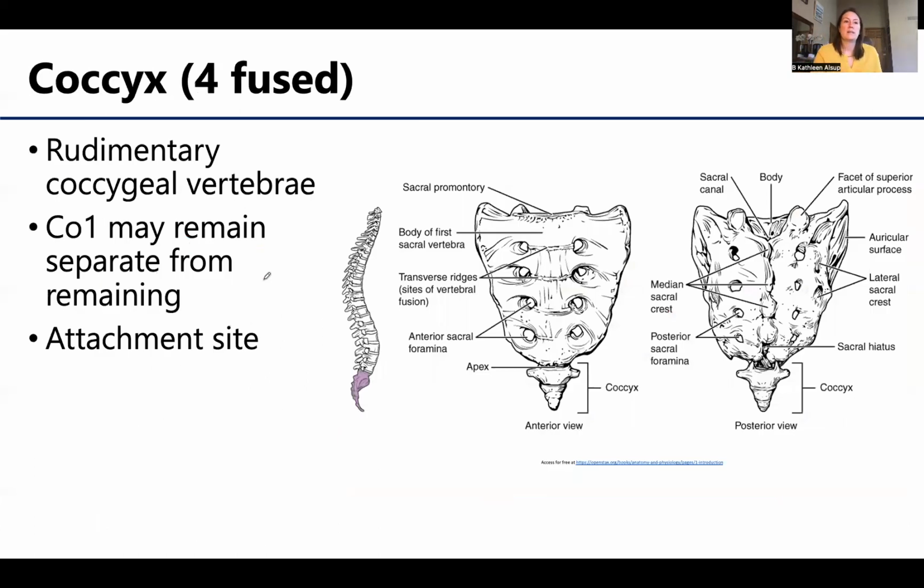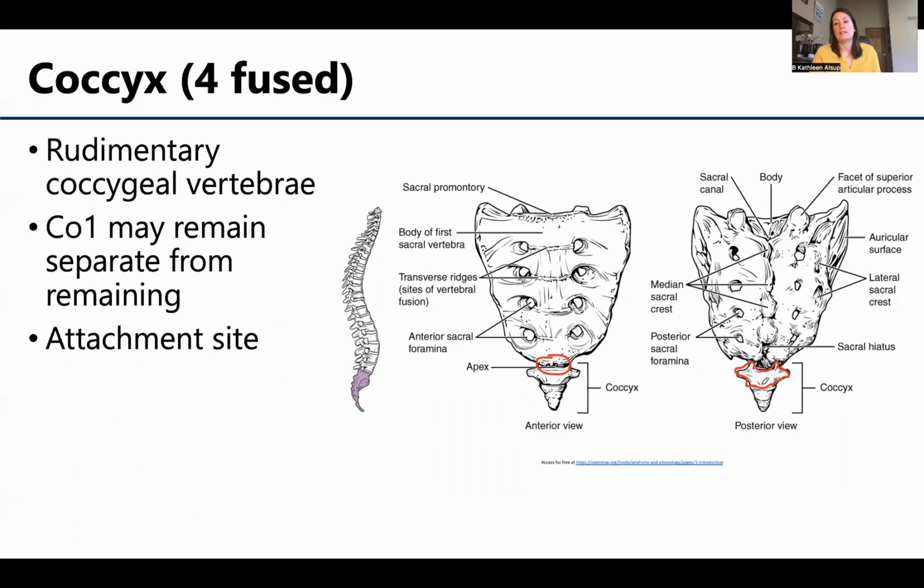All right, and then last but not least, we have the coccyx. So the coccyx is not a part of the true pelvic girdle. So it's really that sacrum and those hip bones, but it is going to have an articulation with the fifth sacral vertebra and the first coccygeal vertebra. It's this first coccygeal vertebra that is typically the largest, as you can see here.